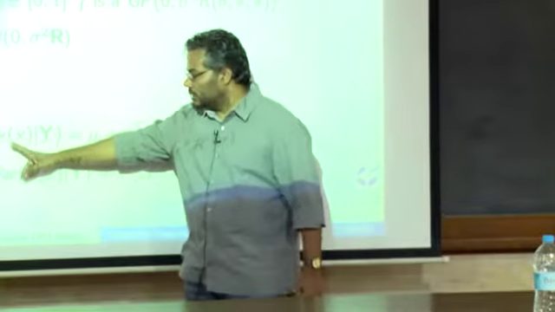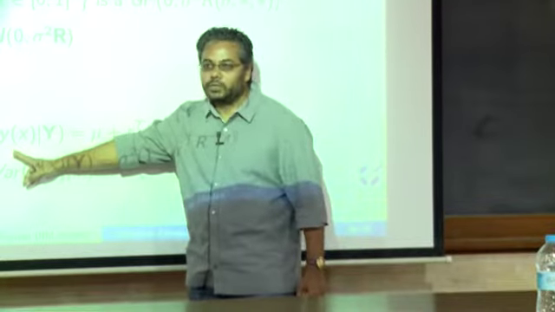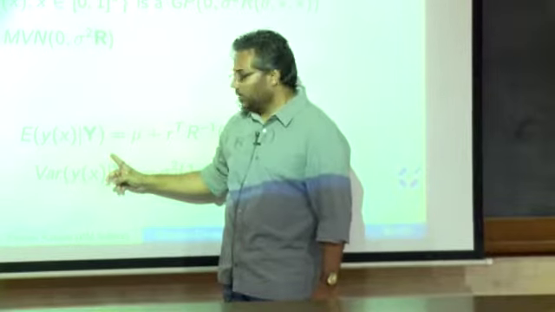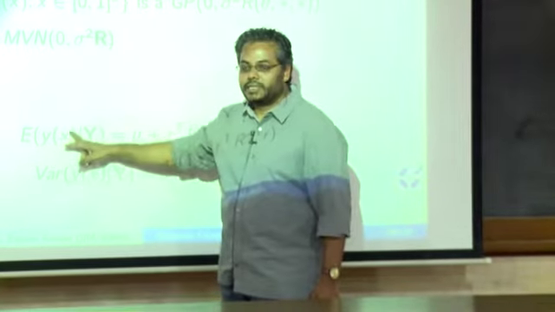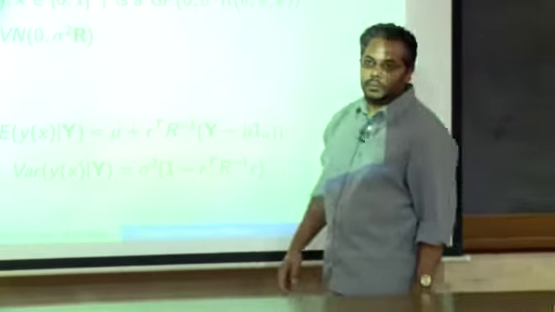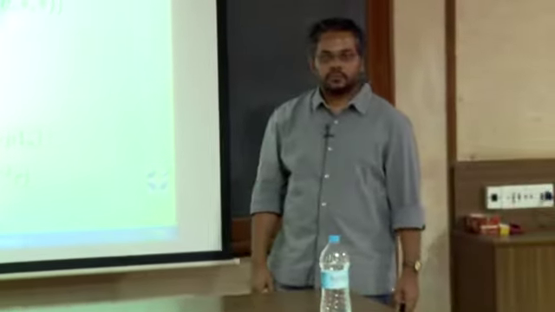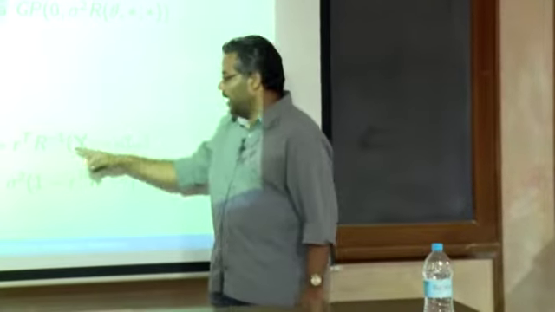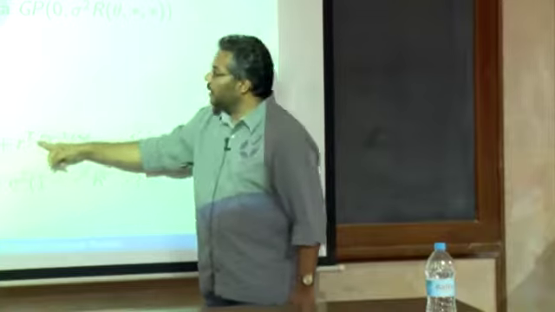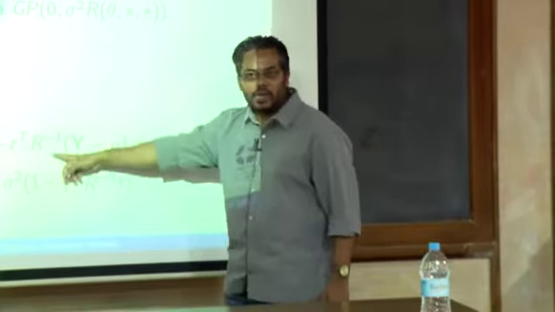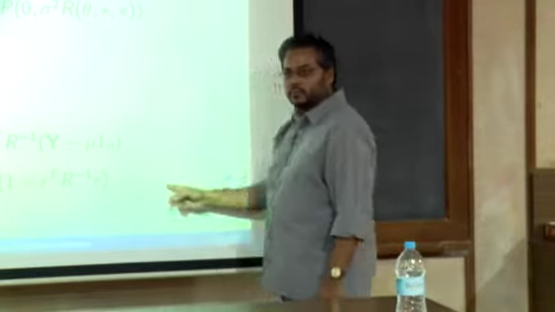Given the data, this is the prediction at a new value x, an untried, unobserved x. So you have to put hats here. Mu hat and R also contain theta, and you'll have to put hats there.